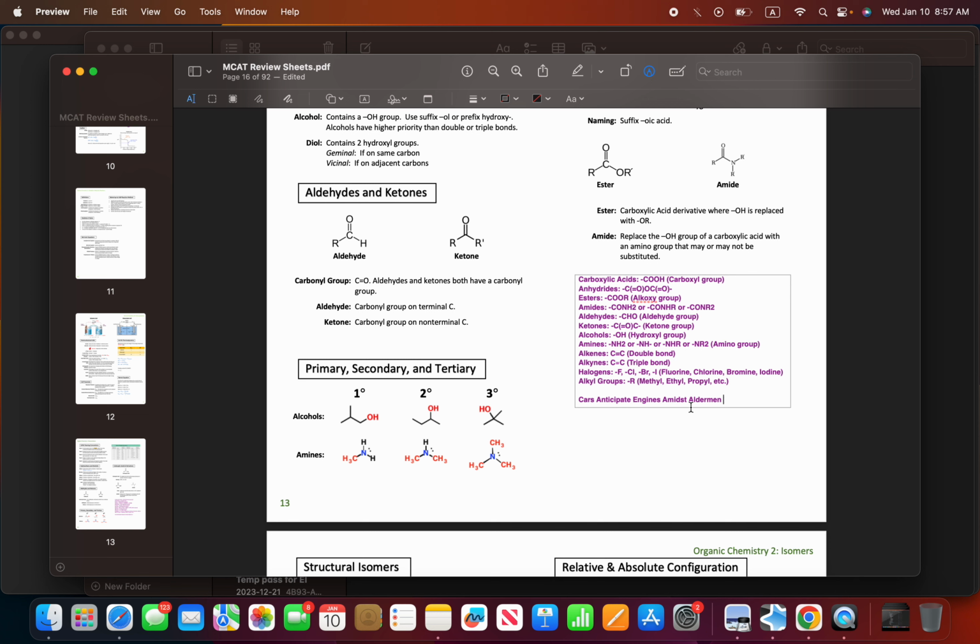Alderman. Cars anticipate engines emits alderman. Keeping.